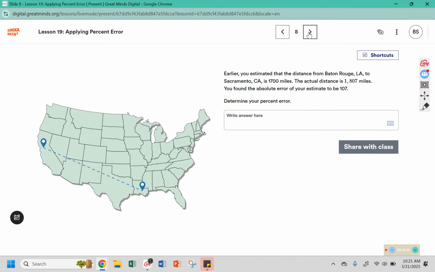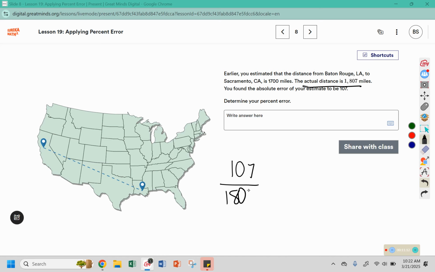Earlier, you estimated that the distance from Baton Rouge to Sacramento is 1,700 miles. The actual distance was 1,807 miles, and you found an absolute error of your estimate to be 107. Determine your percent error. So in a percent error problem, we put our error divided by the actual. So the actual distance is 1,807.